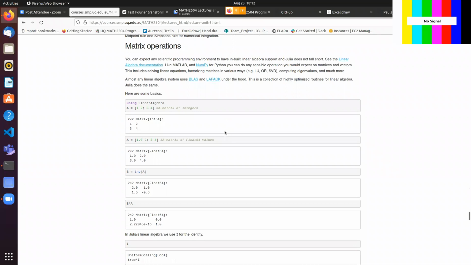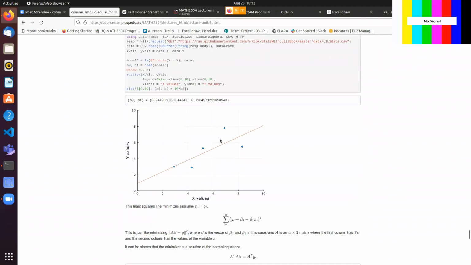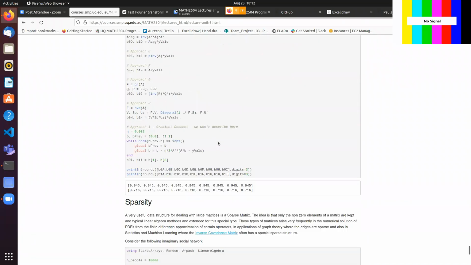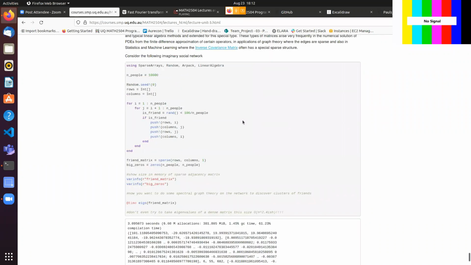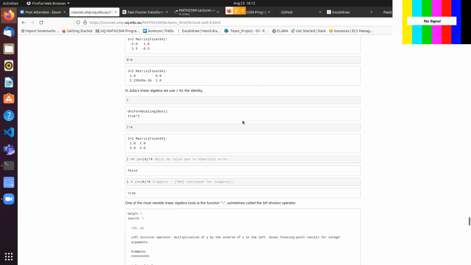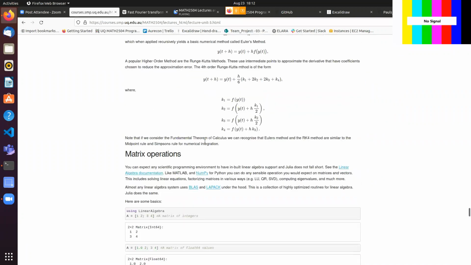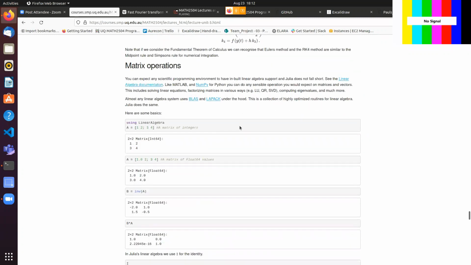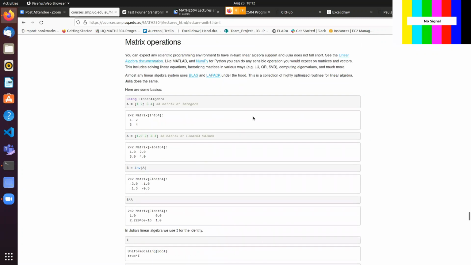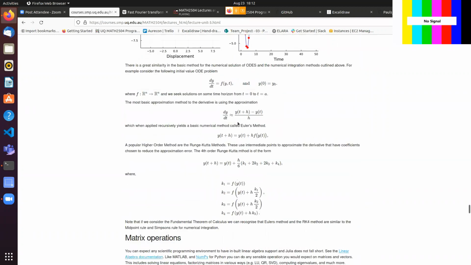I'm just scanning through to make sure we've got what we need for today. And I want to talk a bit about sparsity, just as another useful thing for you guys to know. So tomorrow we'll go through linear algebra, sparsity, and I'll show you this demo of how you do higher order integration, if you're interested. Other than that, we'll go through homework stuff now.